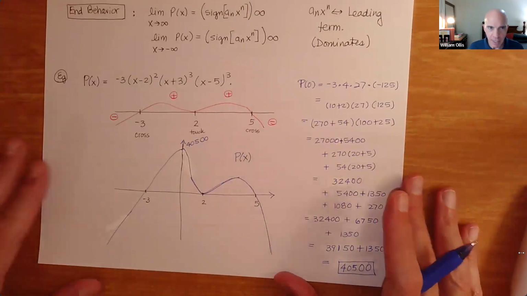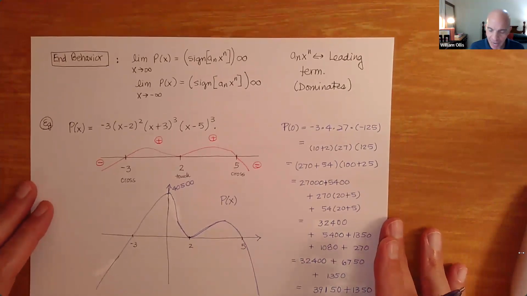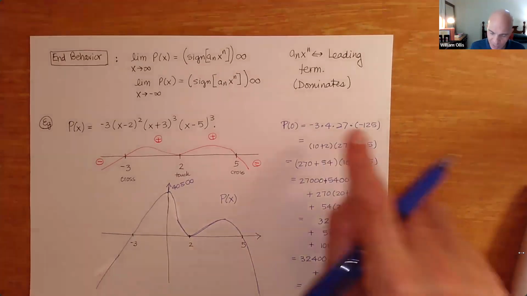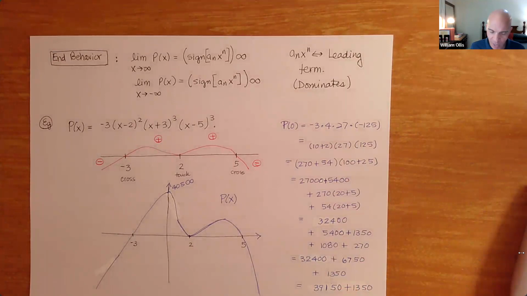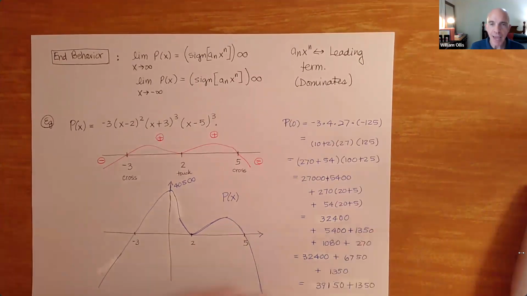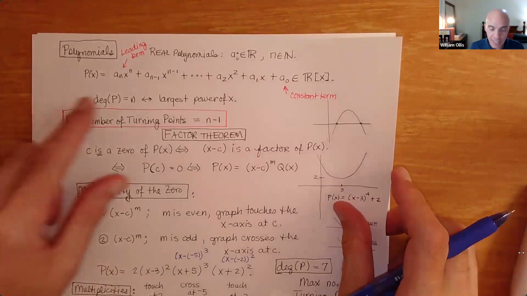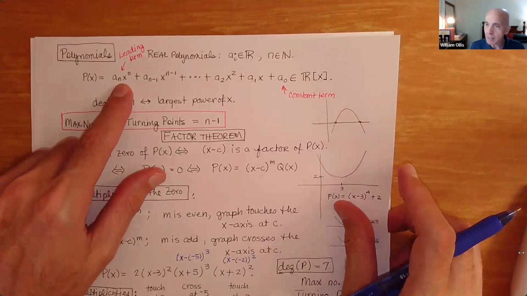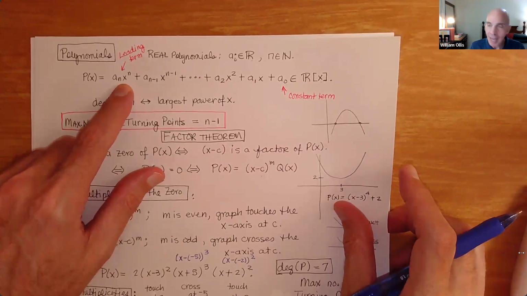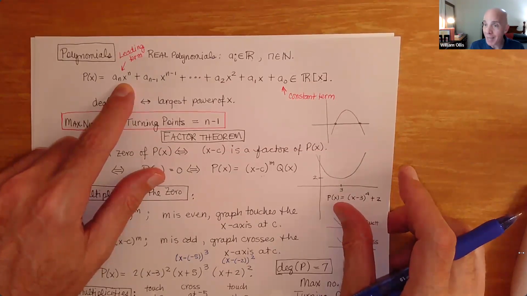Now, what I've done here is I've added the last dimension, and of course I did all this arithmetic to find the y-intercept. It's kind of interesting how this problem worked out. Now, in order to figure out what happens as x passes to infinity or negative infinity, we simply have to look at what I talked about before, the leading term. Notice the leading term, ladies and gentlemen, has the largest power of x.